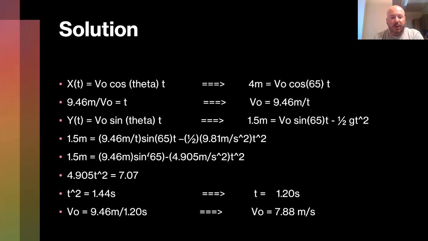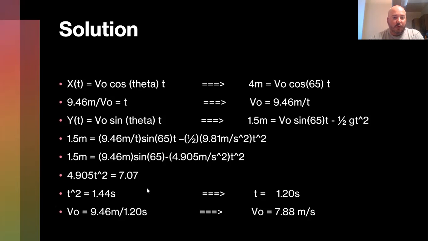The t in the first part of the equation cancels out, and we're left with 1.5 meters equals 9.46 meters times sine 65 degrees minus 4.905 meters per second squared times t squared.